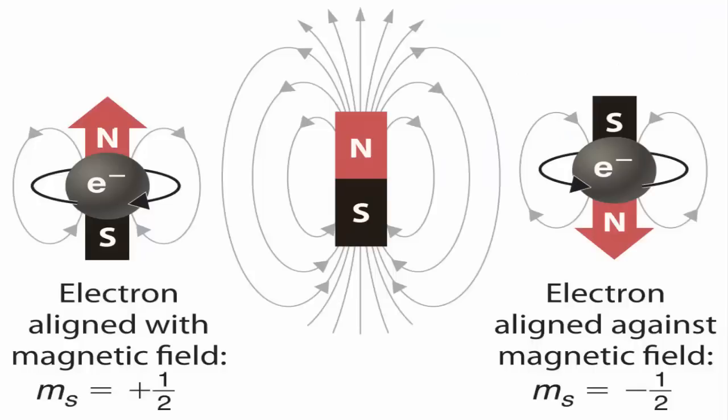You can see here that any particle that has a magnetic moment, that has spin, that has a charge associated with it, will obviously follow any external magnetic field. They either line up in parallel or anti-parallel with an applied magnetic field.